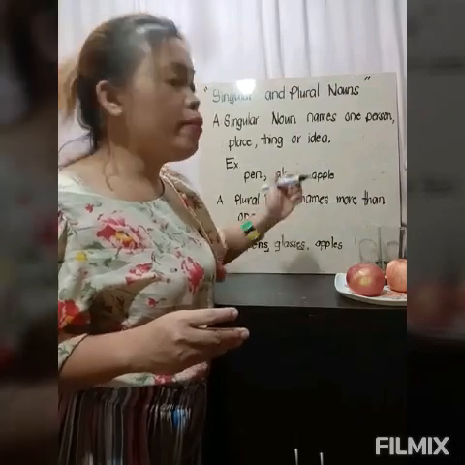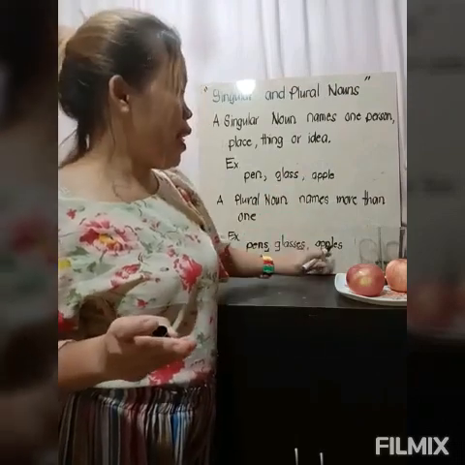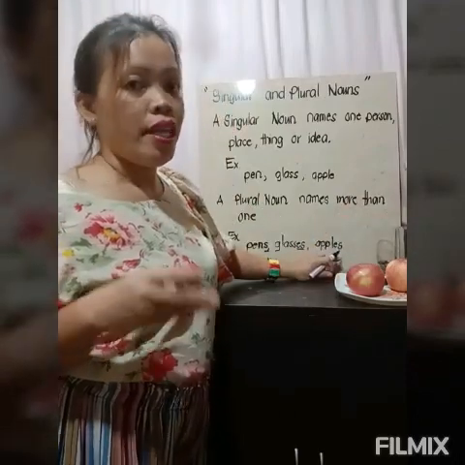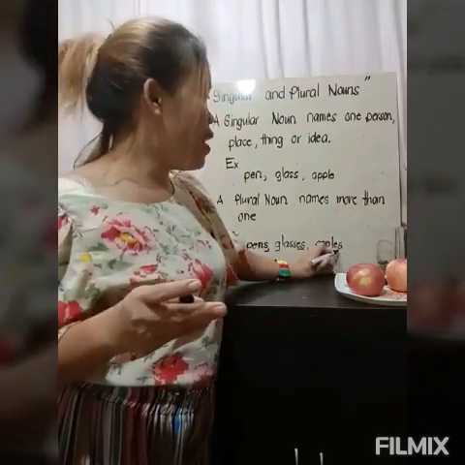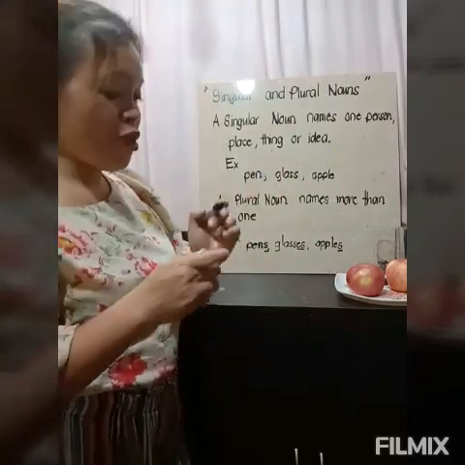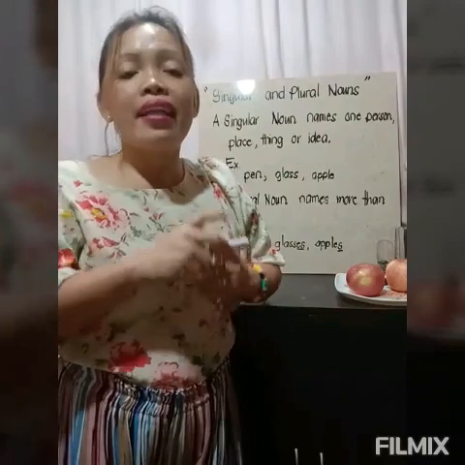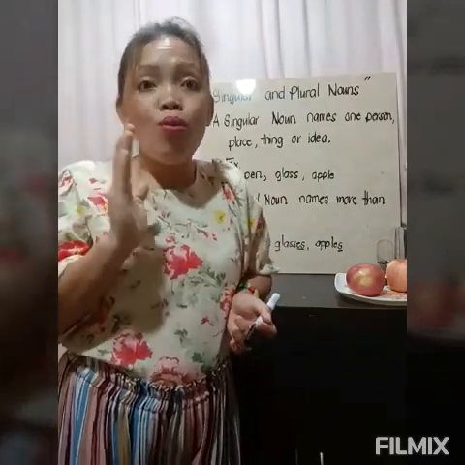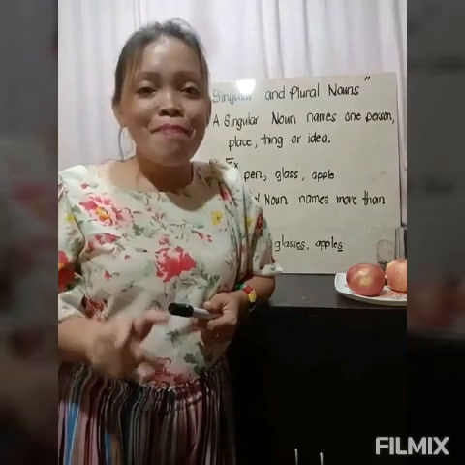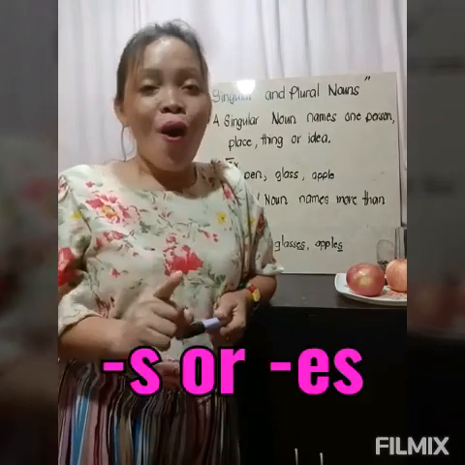Then from the word apple, apples. What is being added in its plural? Yes, we have S. So it is very obvious that most of our nouns form their plural by simply adding S or ES.